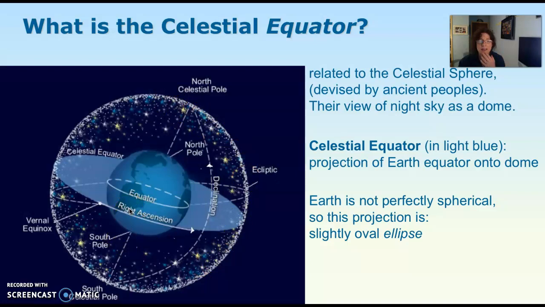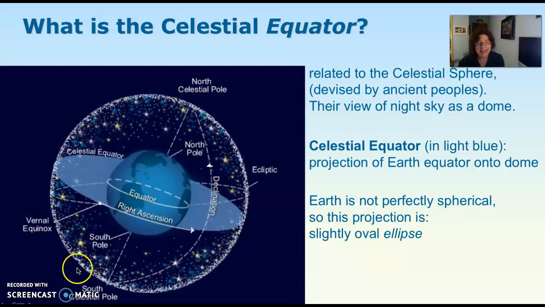All right, so the celestial sphere was devised by many ancient peoples universally around the world and independently to describe the night sky as a dome where everything was the same distance away. All the stars were the same distance away. The celestial equator was a part of that celestial sphere. It was the projection of the Earth's equator onto the dome.